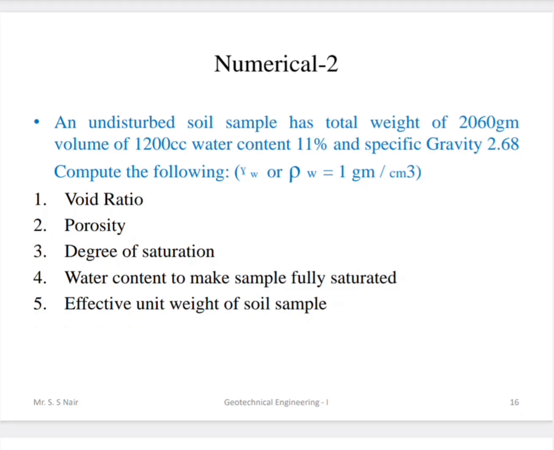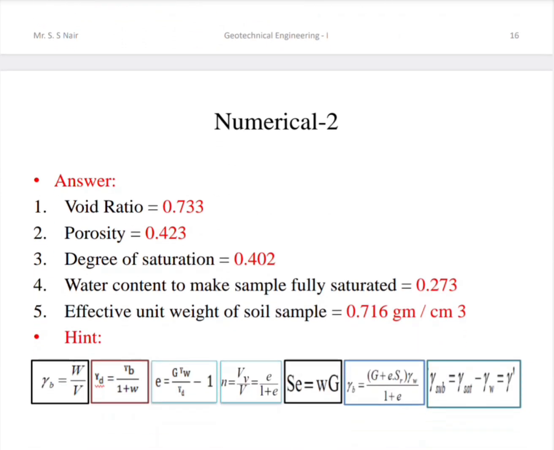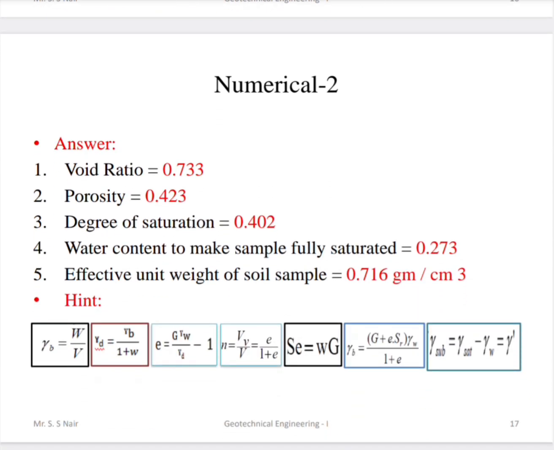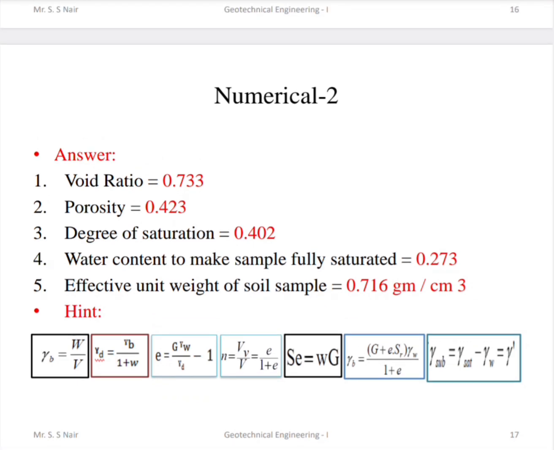So here in this numerical, using the formula such as bulk density, that is total weight divided by volume, then we'll be using dry density. We have bulk density divided by 1 plus w, and then we'll be getting the void ratio. We all know the formula of void ratio, that is E equal to G gamma W divided by gamma D, minus 1.